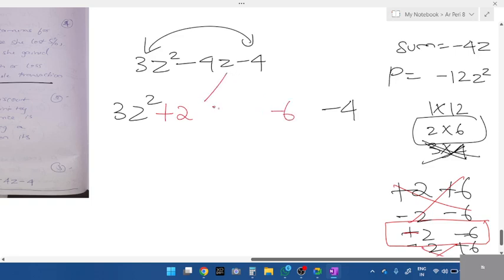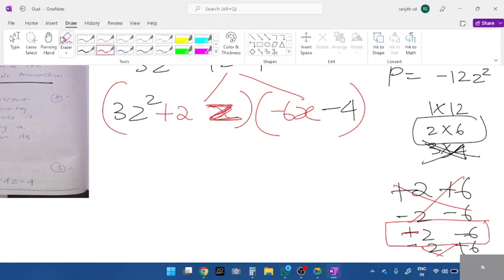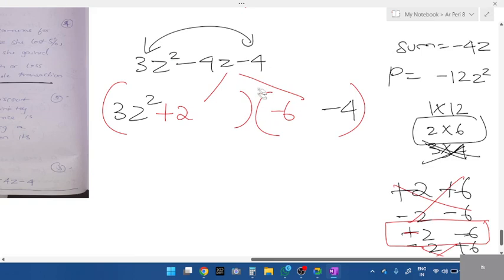There is z, split this z. Group into 2 parts. Group it like this. What is common, students? For the first one, what is common? Z is common. In the bracket, you get 3z plus 2. Minus is the first sign.